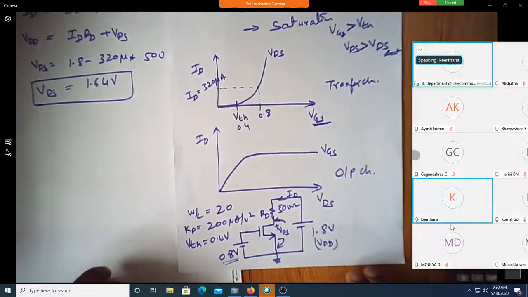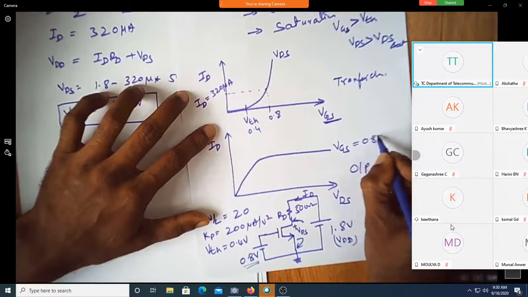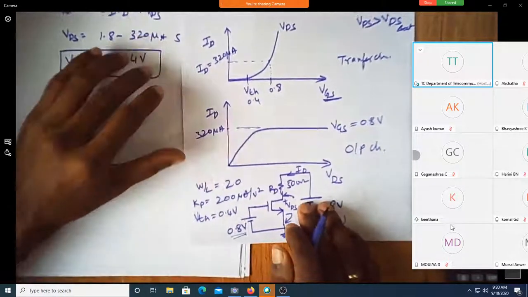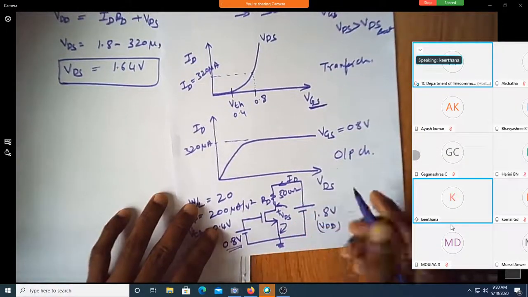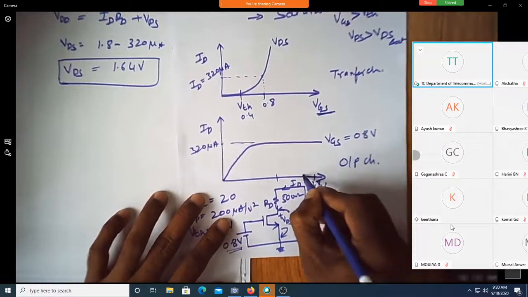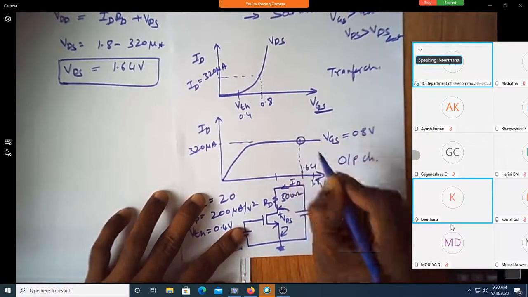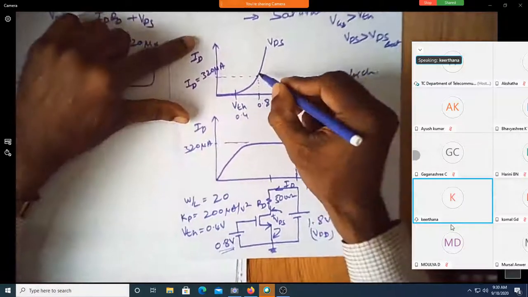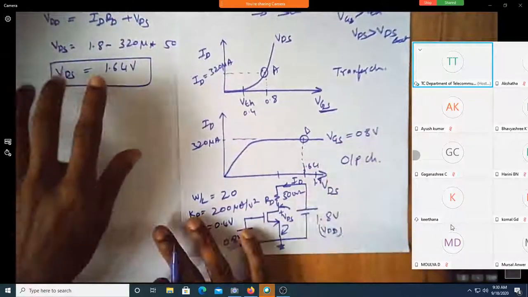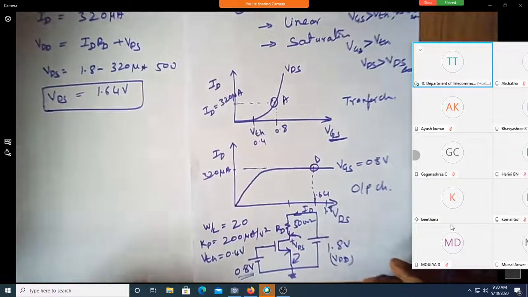Now suppose this is equal to 0.8 volt, does this current equal 320 microampere? Correct. How much is VDS now? 1.64, and this is 1.8. If I say it as 1.64, shall I say this is that point? Now what I'm trying to locate is points A and B, which correspond to these readings. Can I relate it? Fine.